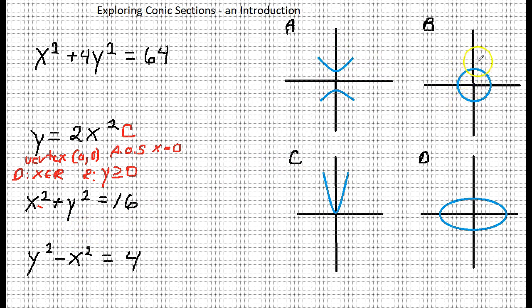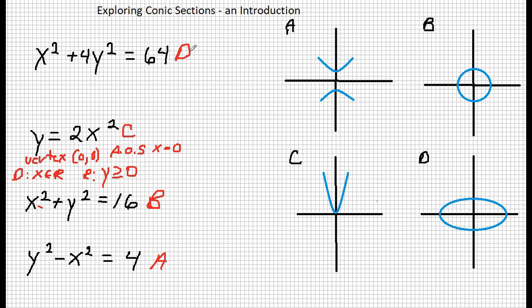All the others could be thought of as two halves connecting together to close the figure. You could kind of think of it like that. So the circle is B, and I kind of gave it away. This is A, the hyperbola, and that makes this the ellipse, choice D.